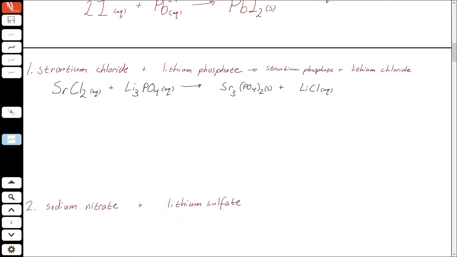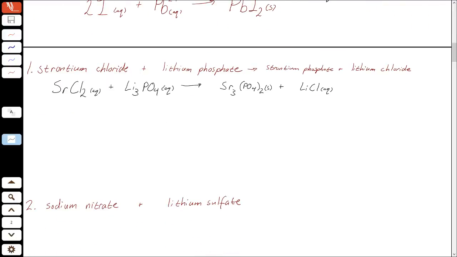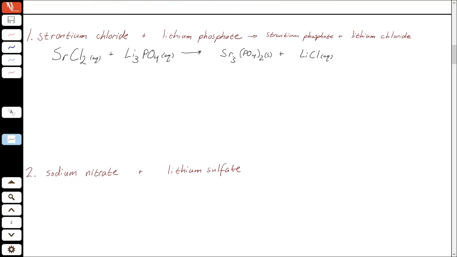And now we can complete this by writing the complete ionic and net ionic equation. So for the complete ionic equation, we're breaking everything up into ions, except the precipitate, because that stays together. And then for the net ionic equation, we are only doing, I'm sorry, only doing the things that change throughout the course of the reaction.